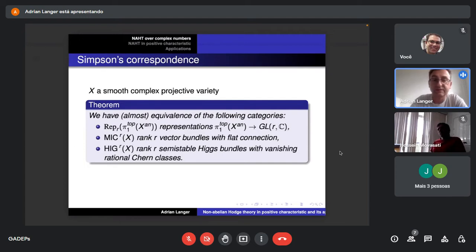So obviously if you have a vector bundle with flat connection, then the Chern classes vanish in the de Rham cohomology, and this is simply saying that the topological structure of a vector bundle is still the same, but you somehow give it a different algebraic structure, and you change the connection to a Higgs field.